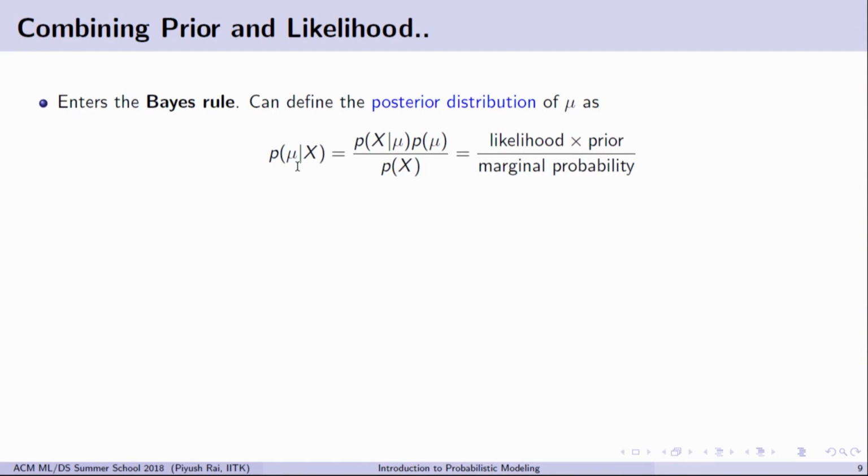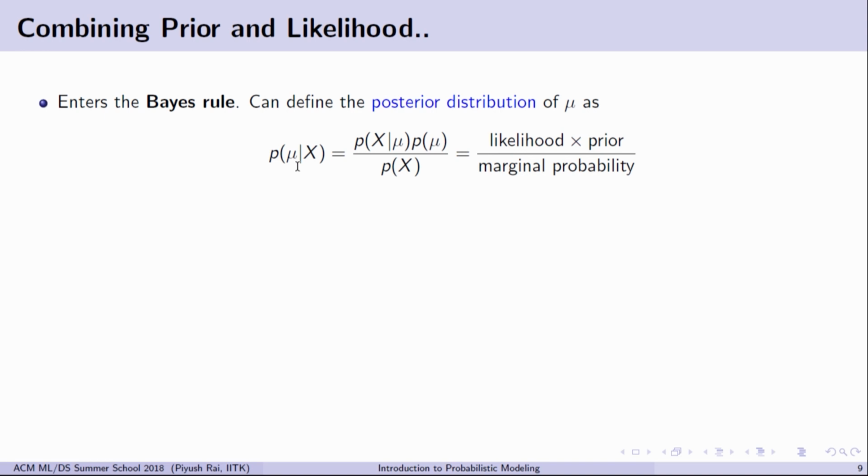So the overall probability of capital X given mu is just a product of the individual probabilities. It's actually not just probability but probability density, because we are dealing with continuous distributions. Right. So we have now defined a posterior distribution of mu given x, and that's given by the likelihood times prior divided by the marginal probability of data.